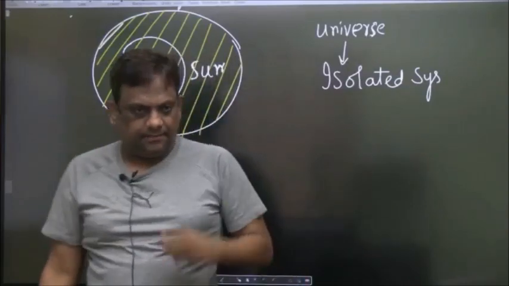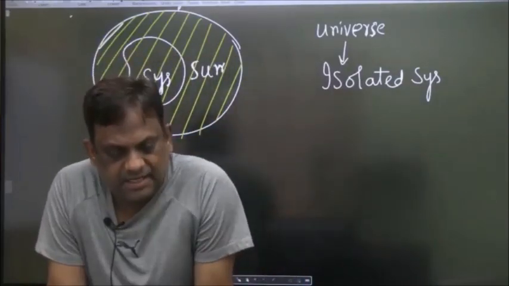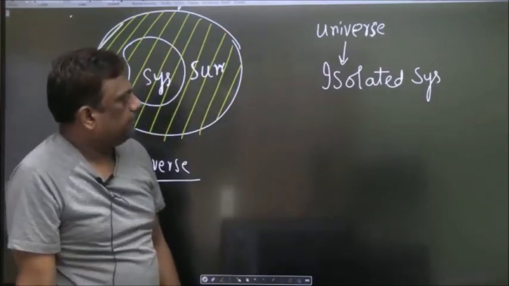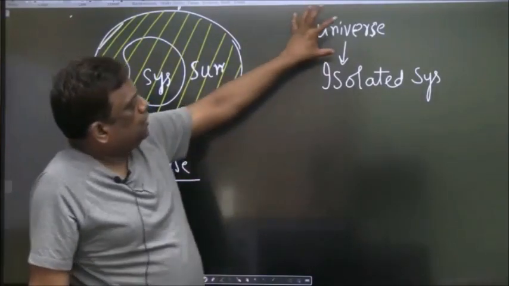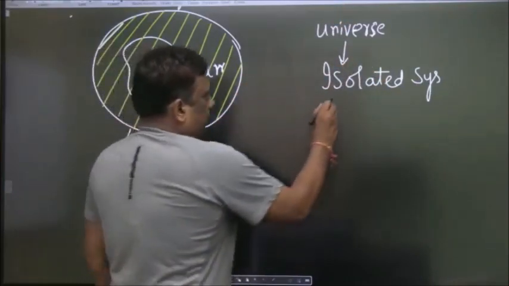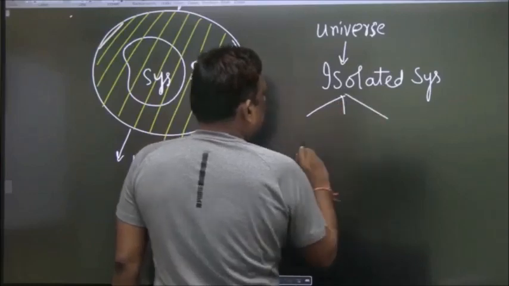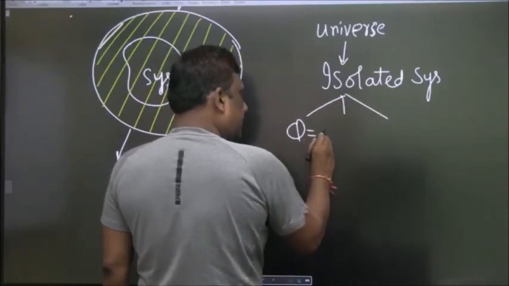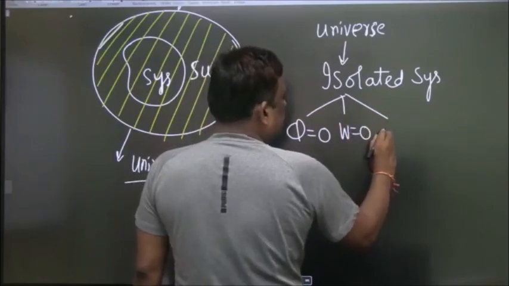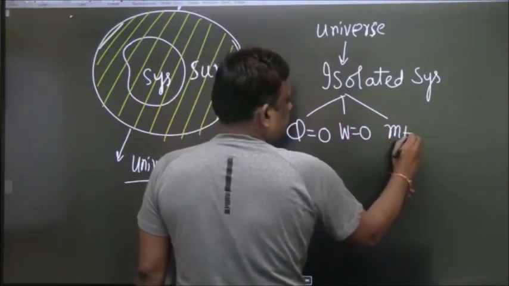Please listen carefully. The universe is an example of an isolated system, and in an isolated system there is no heat transfer, no work transfer, and no mass transfer.